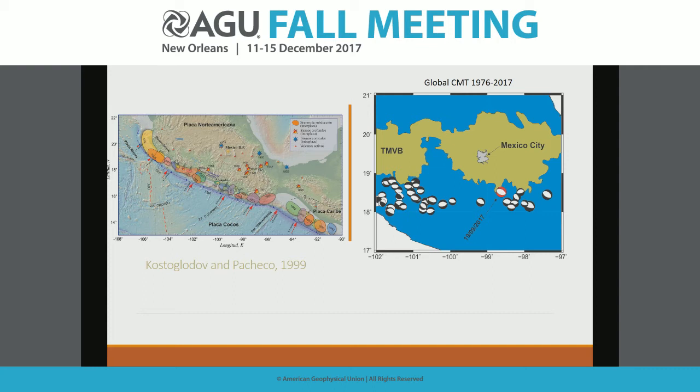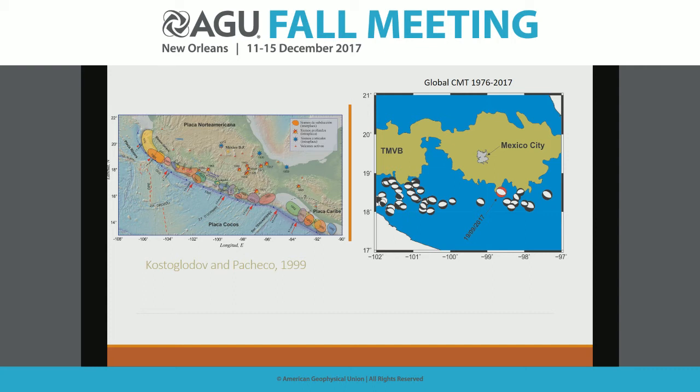However, you can see these earthquakes located in the subducted Cocos Plate, and I show you here in the global CMT catalog this section, with these earthquakes located almost east-west in this section.